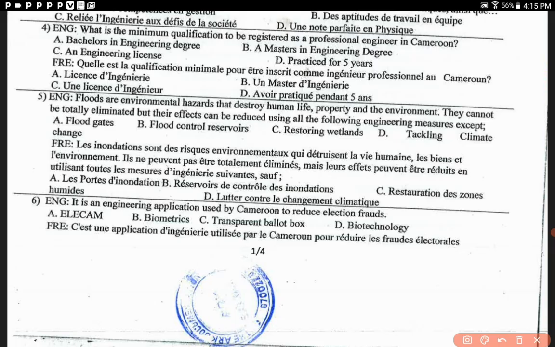So we are looking at engineering measures, one of them that cannot help to solve the problem of flood.